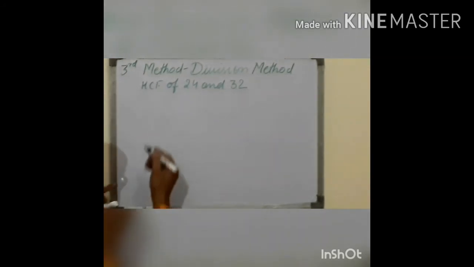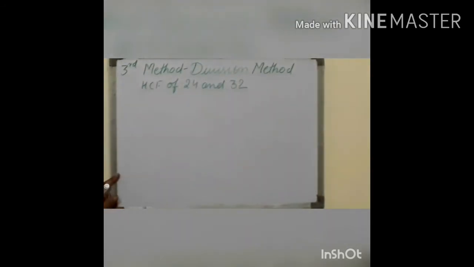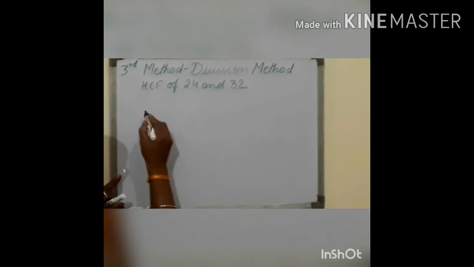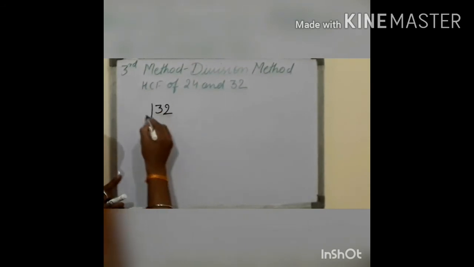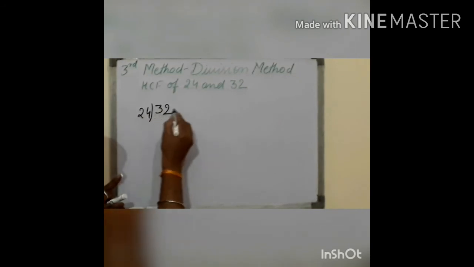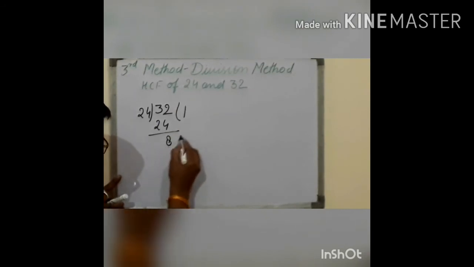As we know this is the division method, so we will divide 32 by 24. 1 times 24 is 24, the remainder is 8.